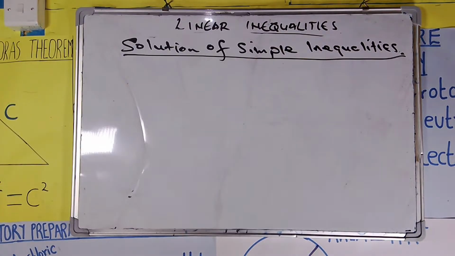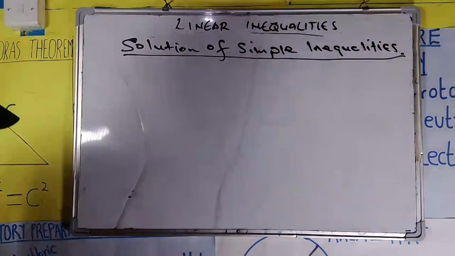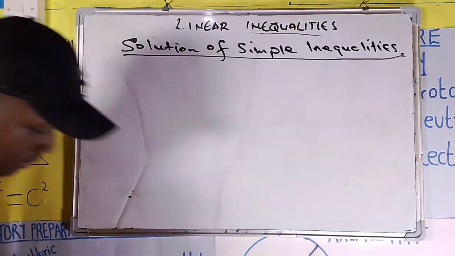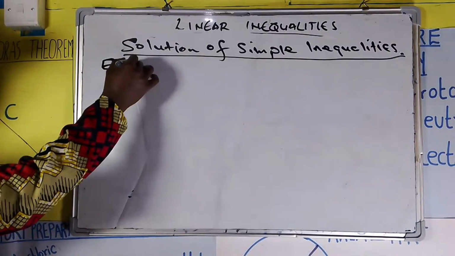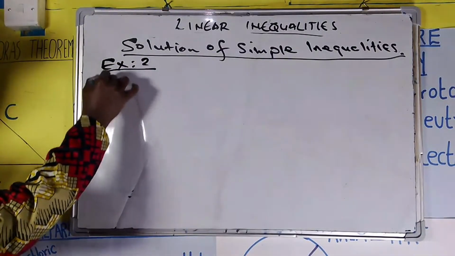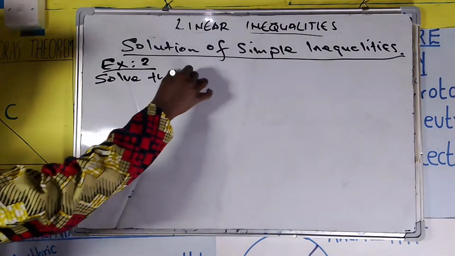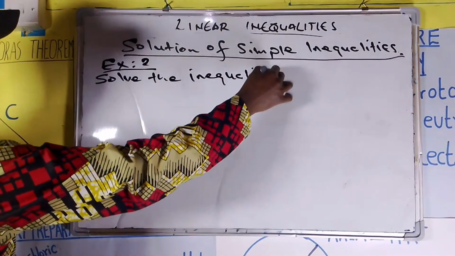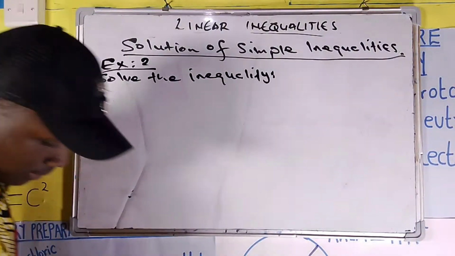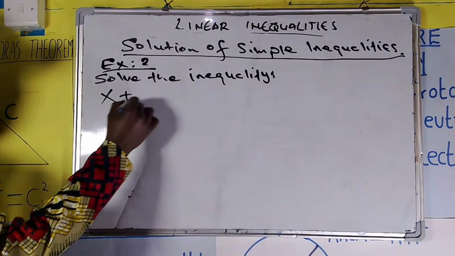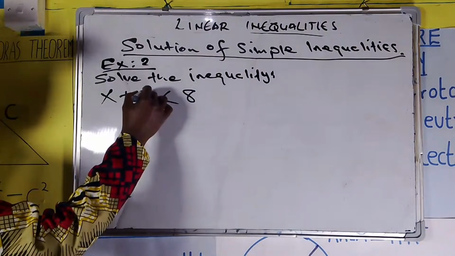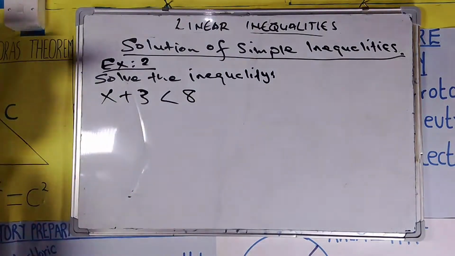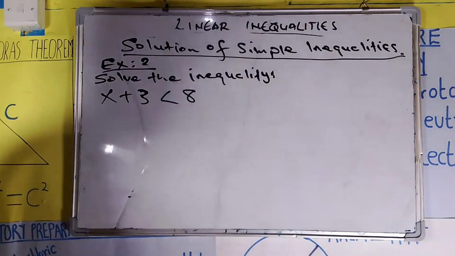Una replace na equals sign, unasahau kurudisha. So haina haja. Example 2. Solve the inequality. 8 plus 3 is greater than 8.